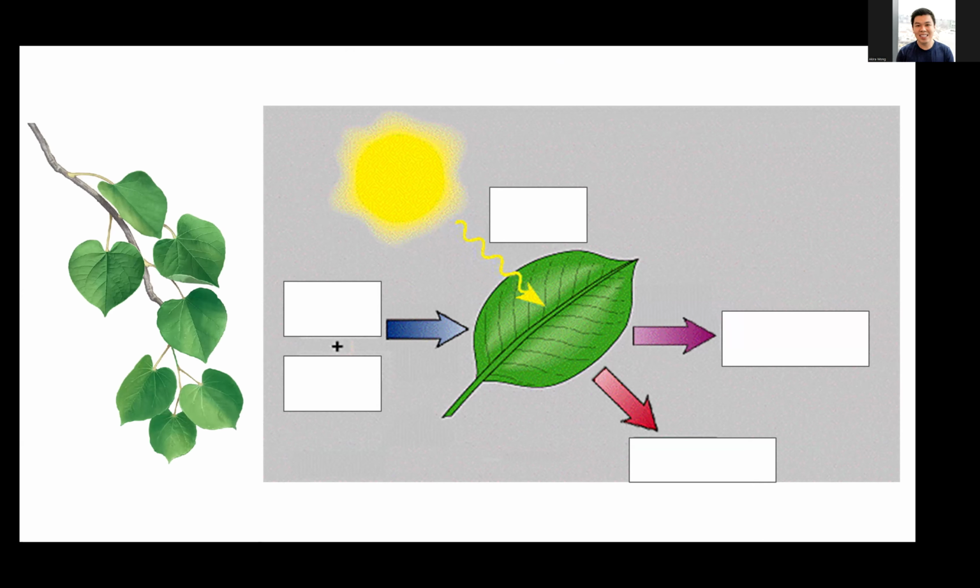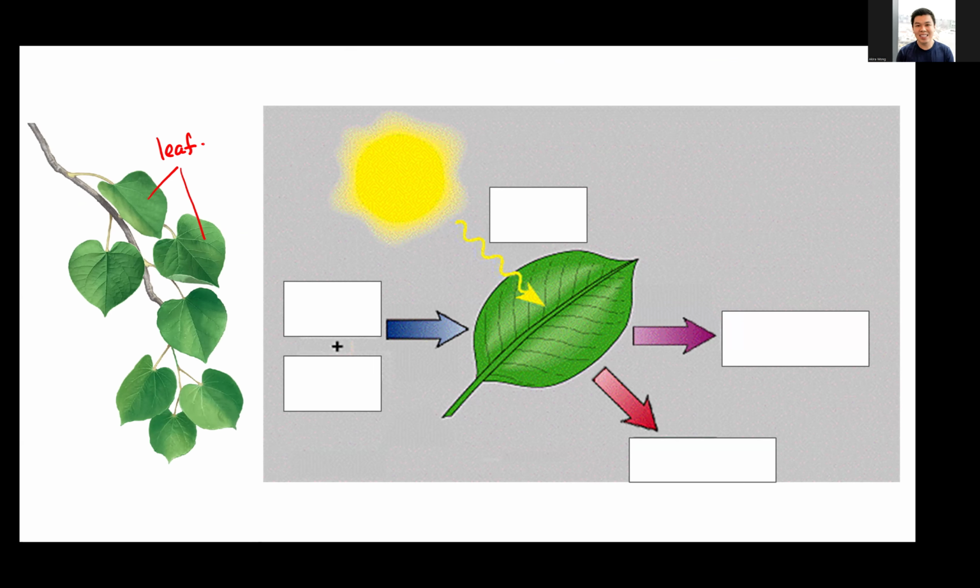So the main focus is actually photosynthesis, right? The most popular organisms that we are familiar with are plants, and the organs that they use to do photosynthesis are leaves.